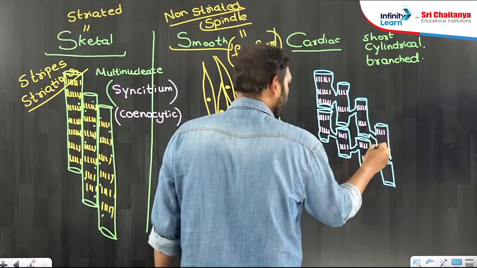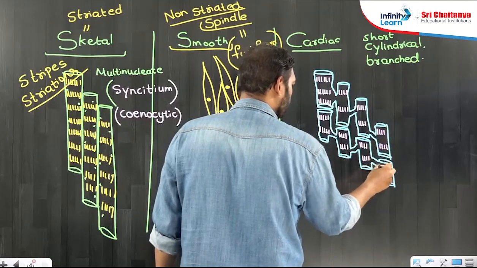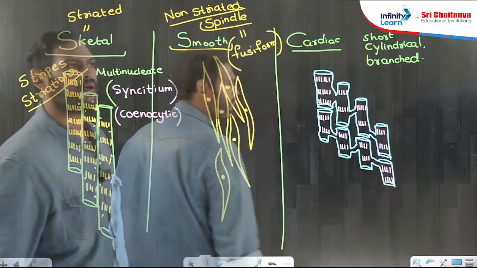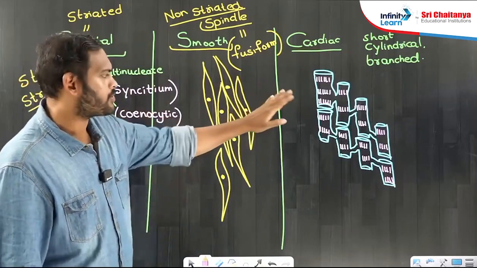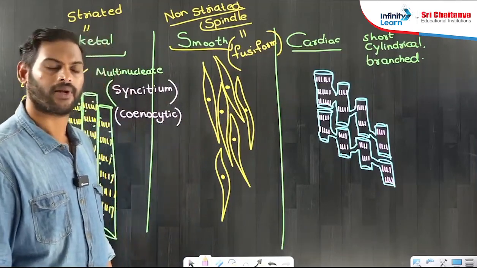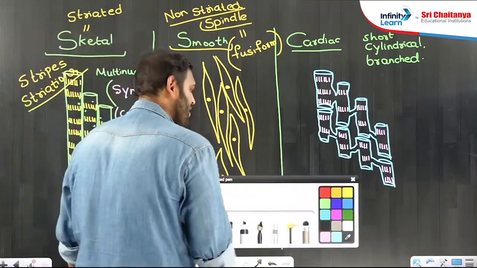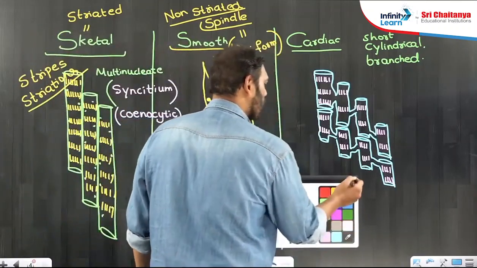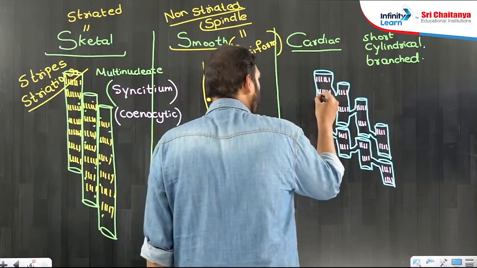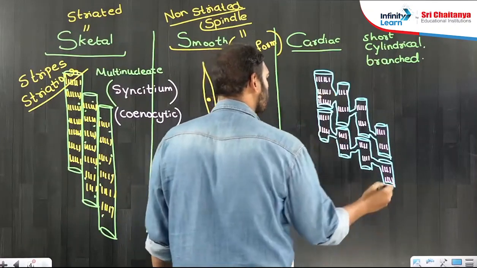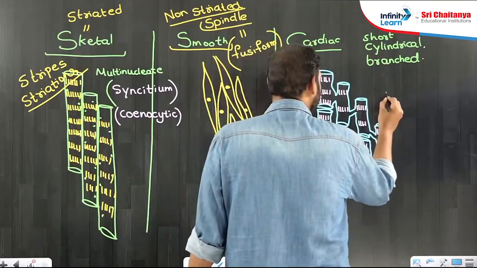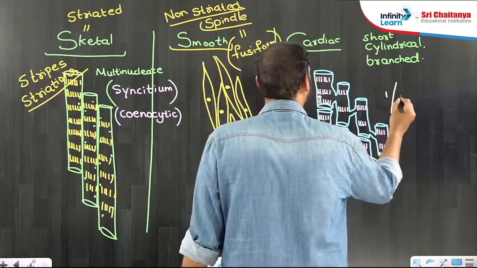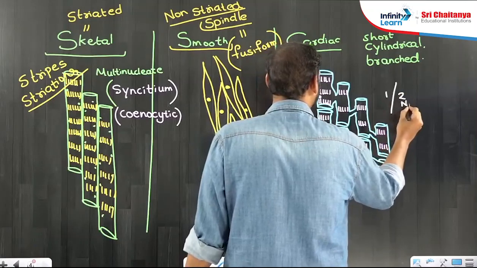Yes, cardiac is striped. Very good. Correct, it is striated. But in cardiac muscle, there is a minimum of 1 nucleus to a maximum of 2 nuclei per cell. It is either single nucleated or binucleated.